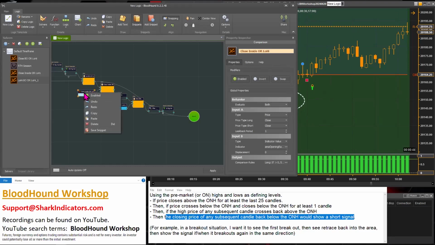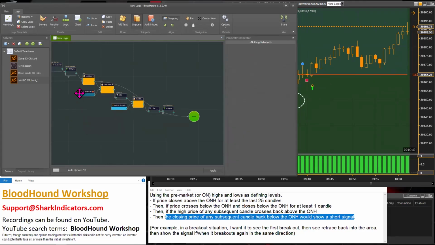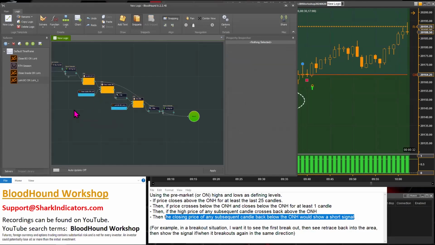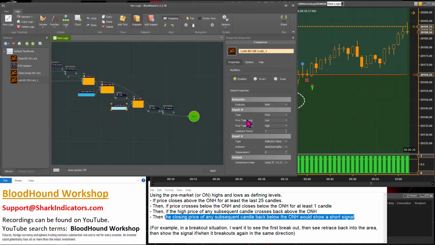Instead of copying this, I'm not going to make a copy because I don't need one. I already have this node, and I don't need to modify it. All the other times when I've made a copy is because I had to make a minor adjustment. Like this node here, we're using the low and the high price, while this node is using the close, but the outputs are reversed.